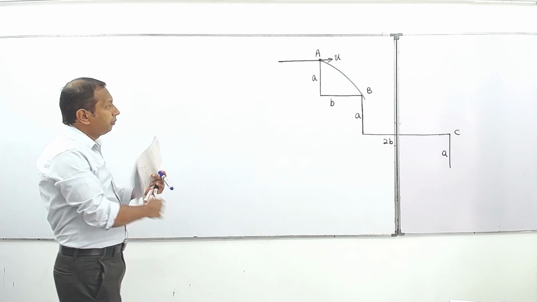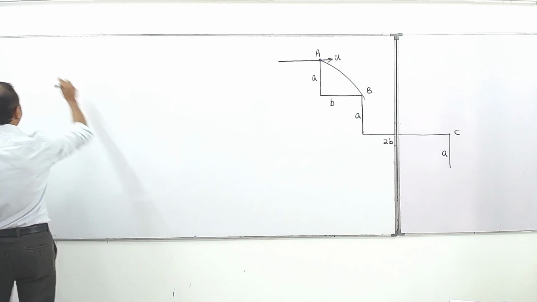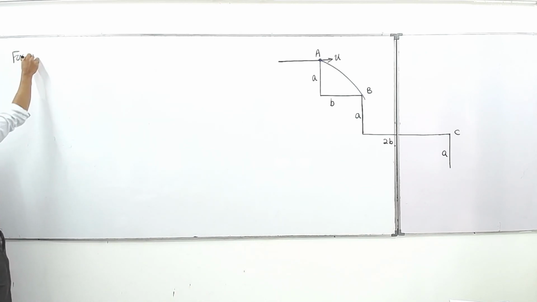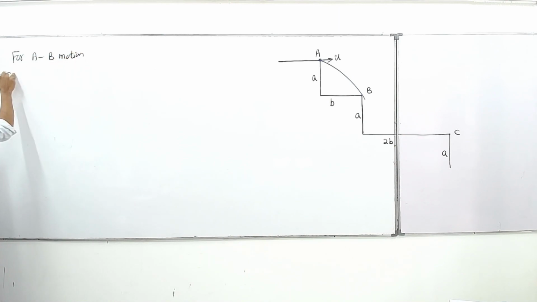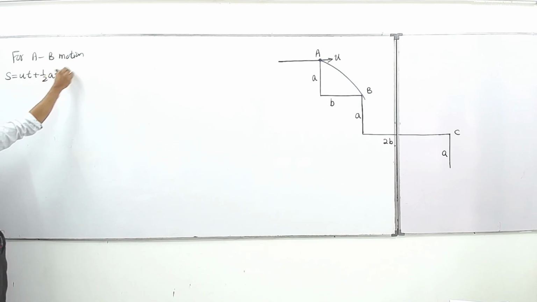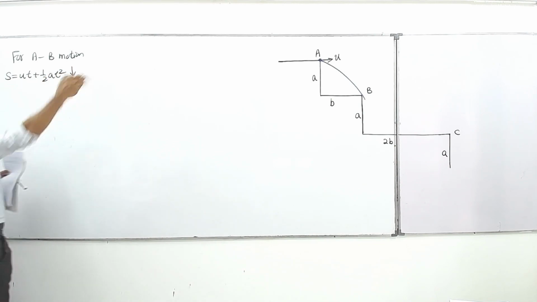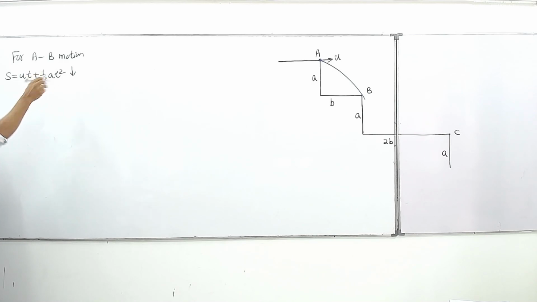For AB motion, S equals ut plus half at squared downward. The vertically downward displacement is a, initial velocity 0, half g t squared. Then you can make t squared equal to 2a over g.